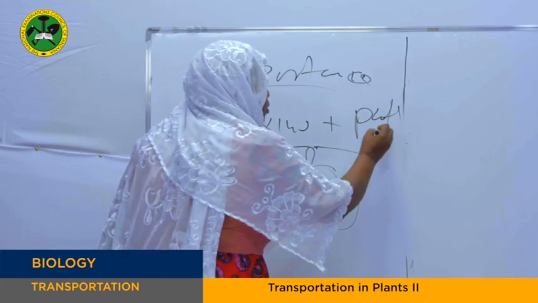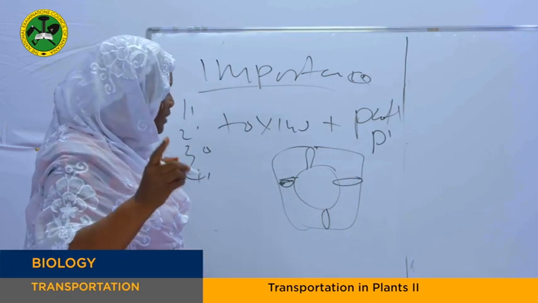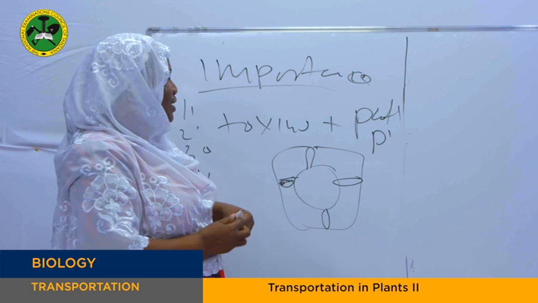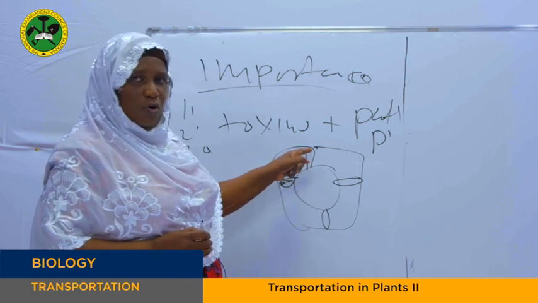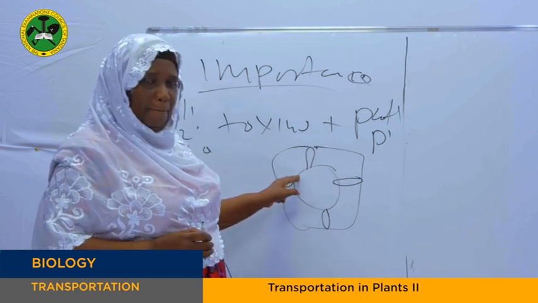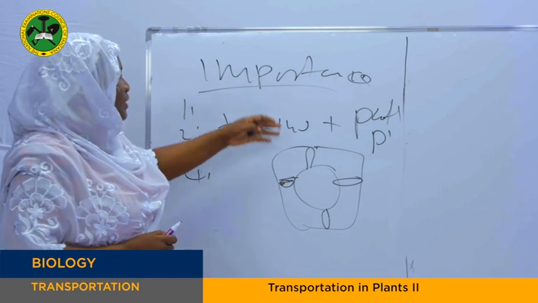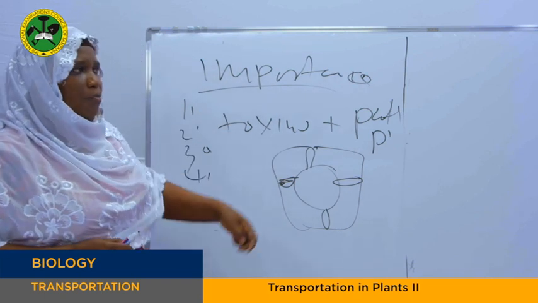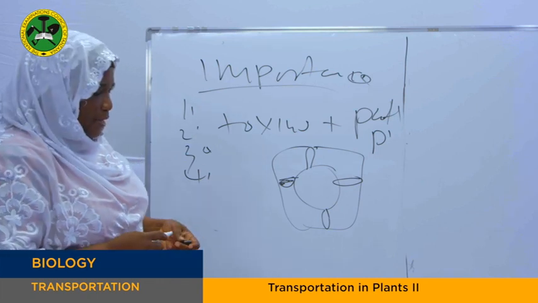So, if plasmolysis takes place, this membrane will still be attached to the cell wall because of the presence of these bands. So, these are some of the importance of Casparian strips in roots.